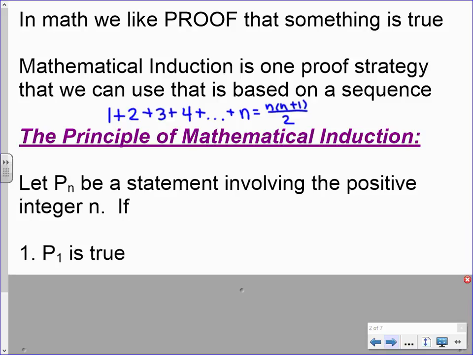First, we're going to show that P of 1 is true. We're going to plug in 1 and make sure that it is true for n equals 1.